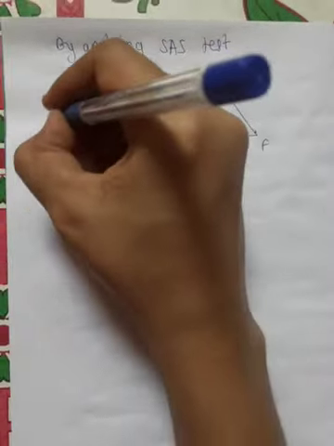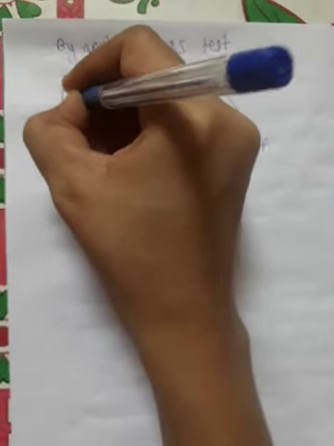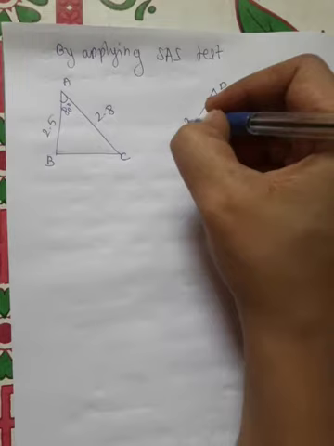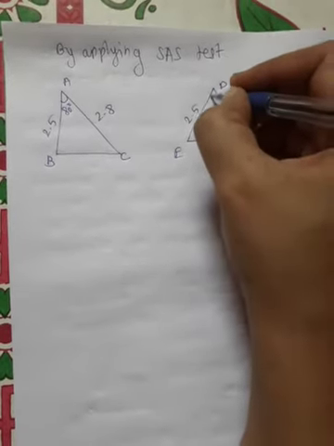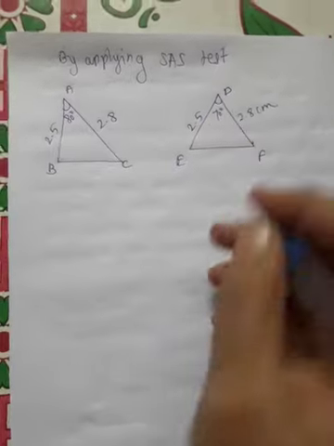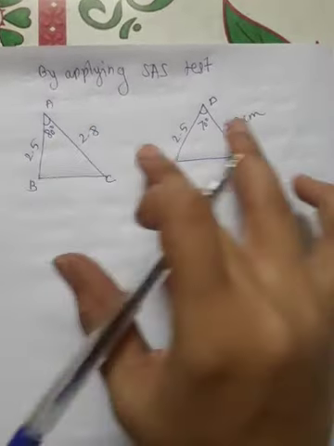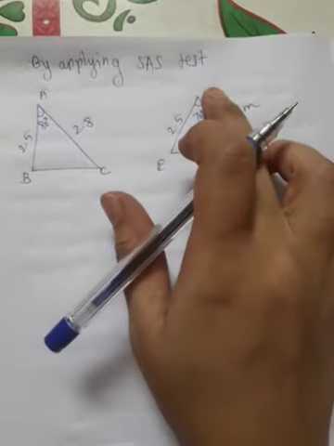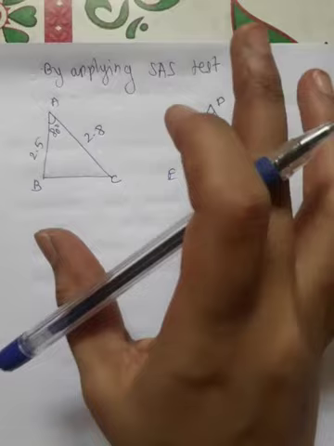The lengths are 2.5, 2.8 and 80 degrees here, and 2.5, 2.8 and 70 degrees here. Now we can apply the SAS test, because we have two sides and the angle between them given. If two sides and the angle between them are given, then you can apply the SAS test.